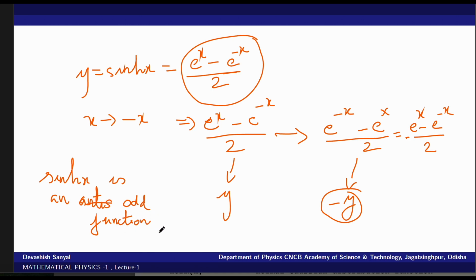Okay, what is an odd function? A property of an odd function is f of minus x is equal to minus f of x. This is the property of an odd function. This is what is happening here.